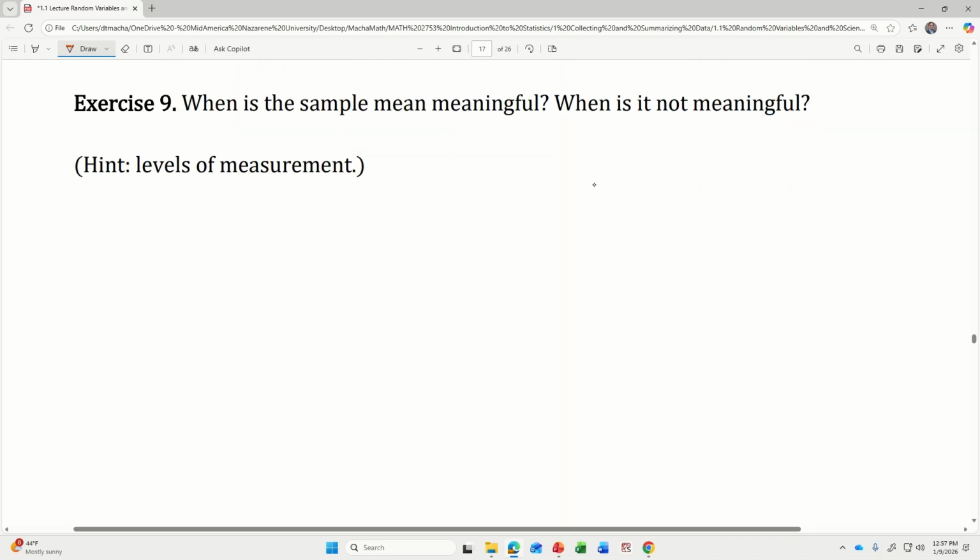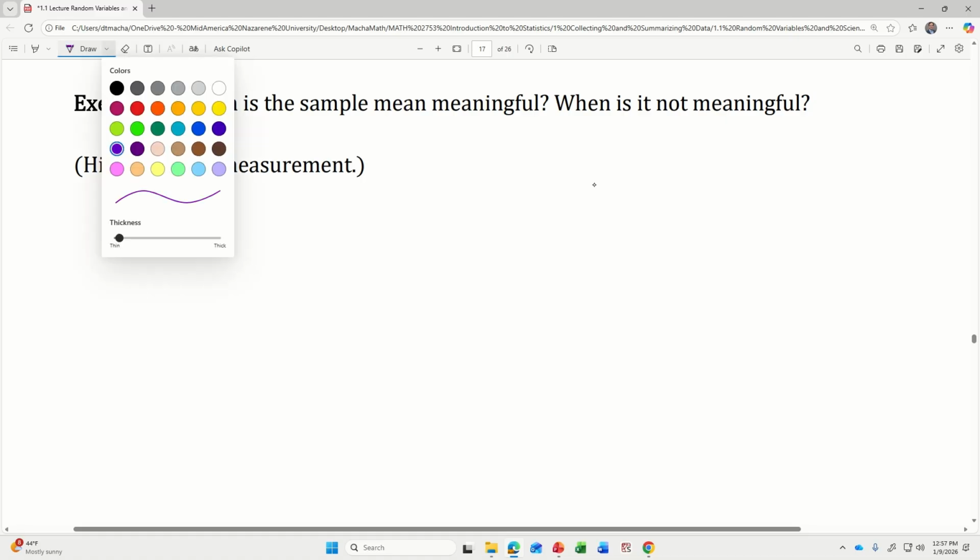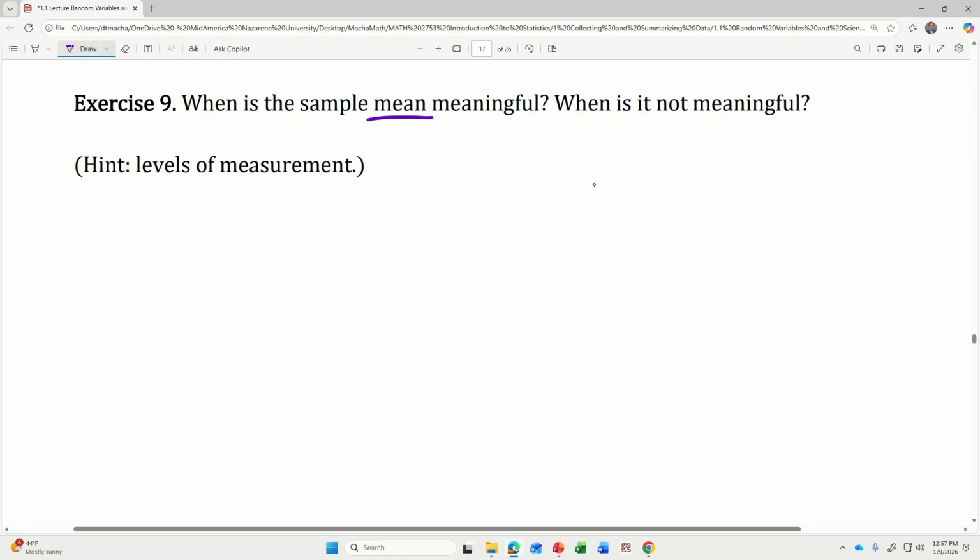When is the sample mean meaningful? So again, our levels of measurement are nominal, ordinal, interval, and ratio.